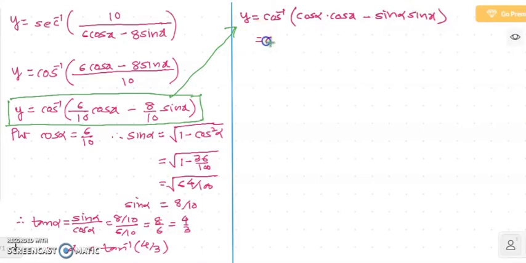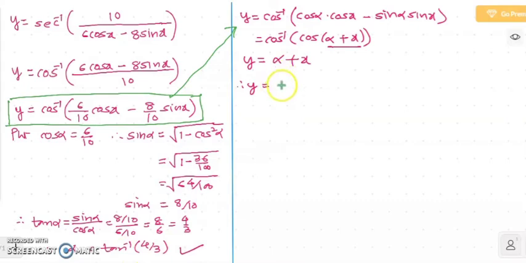That means it is equal to cos inverse of cos A cos B minus sin A sin B is cos of A plus B. So cos of alpha plus x, which is cos inverse of cos of alpha plus x. It means simply alpha plus x. This is y, which means y is equal to alpha, this value of alpha, tan inverse 4 by 3 and plus x as it is.